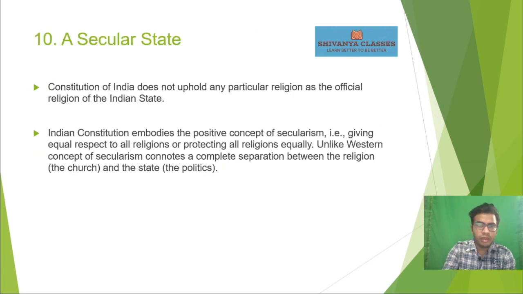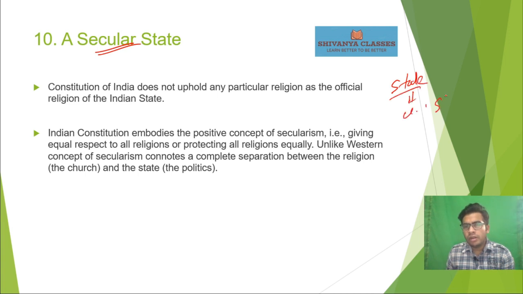Clear? Now next thing is secular state. What is secular? Secularism means that the state, in political science, state means union government, state government, everything comes under state. So the state doesn't have a particular religion as an official religion. So state has no religion. Okay, there is no national religion.